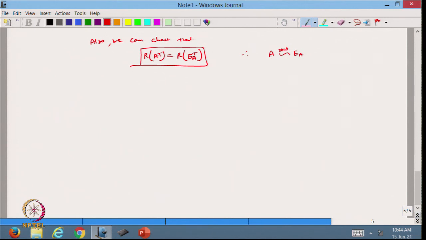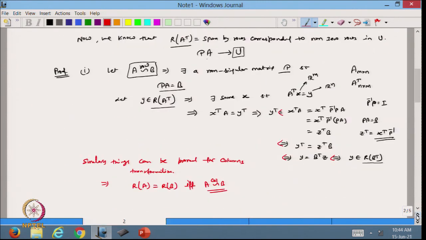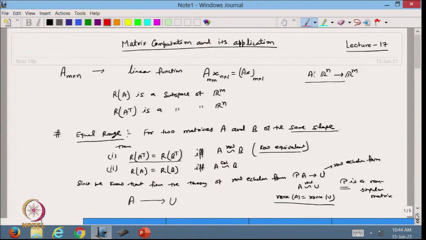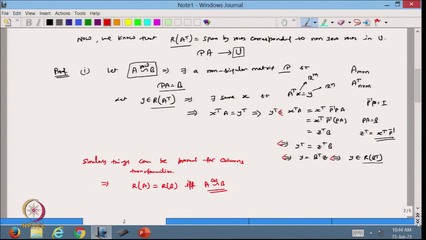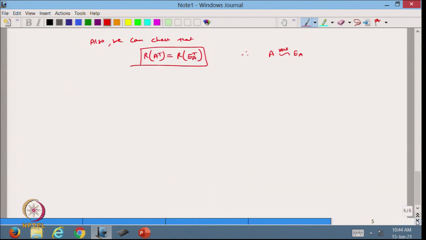Just now we have done one theorem at the start: if A is row equivalent to B, then the range spanned by the rows is the same.